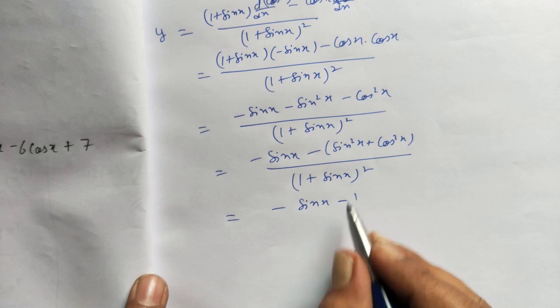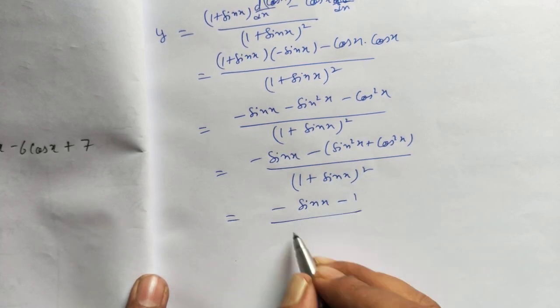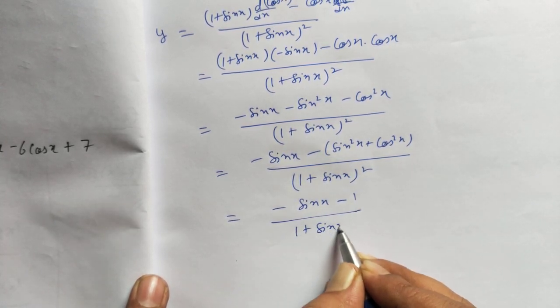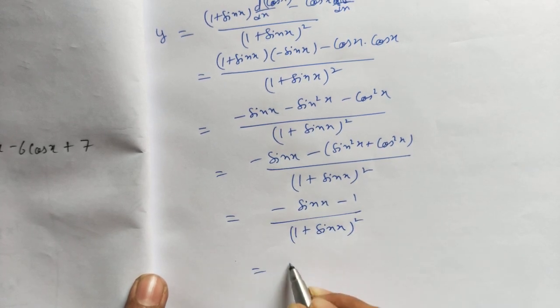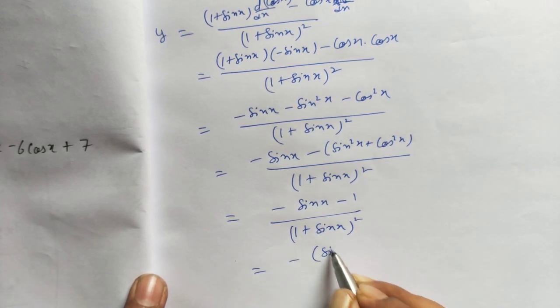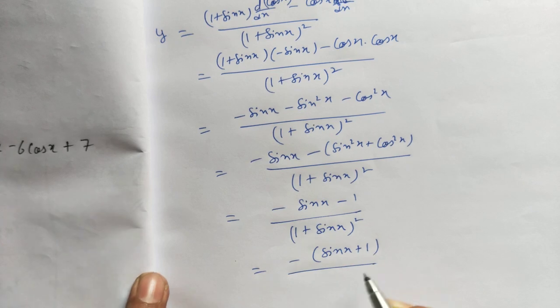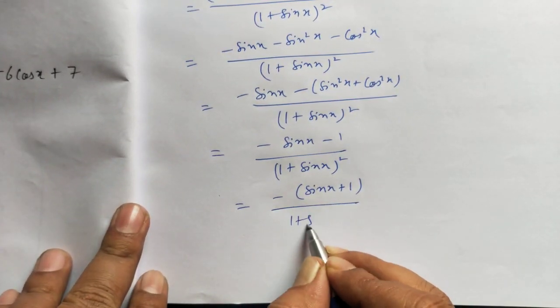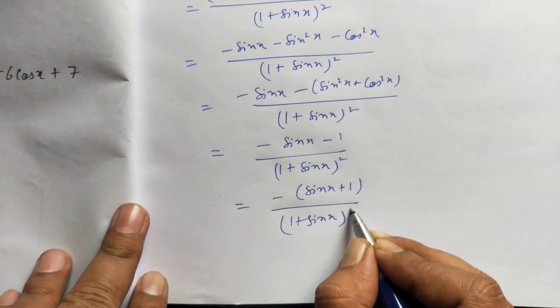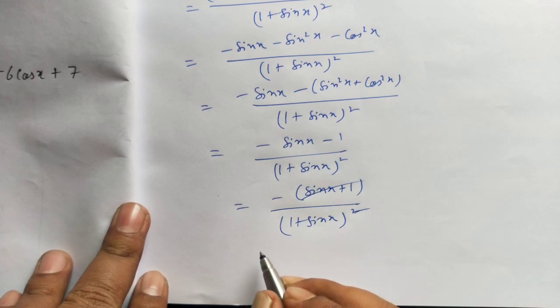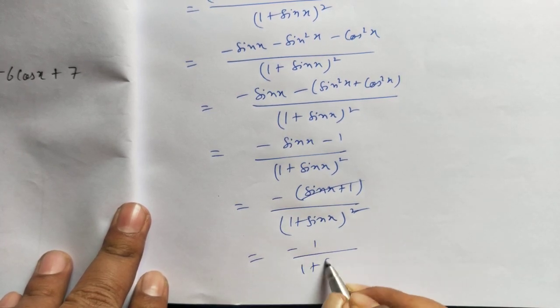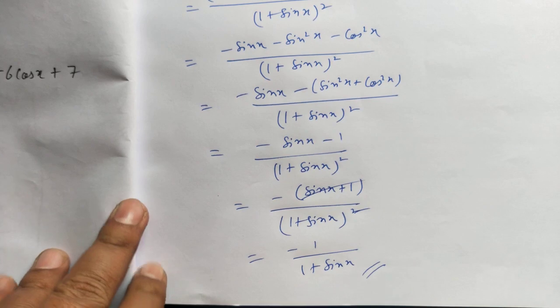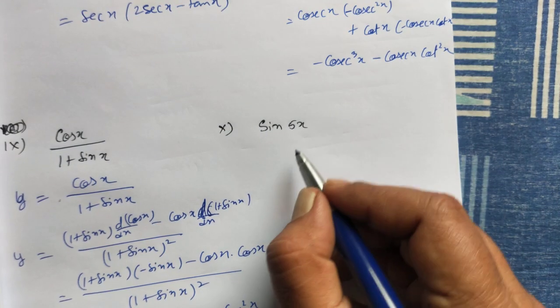This is always 1. Sin square plus cos square is 1. You have done this in trigonometry, in grade 10 also. Take minus common. You are left with sin x plus 1 whole square, which means we can cancel 1. You are left with minus 1 by 1 plus sin x. This is your answer.